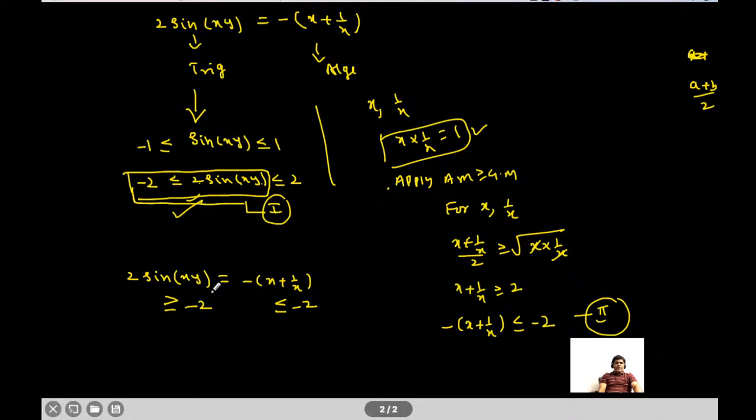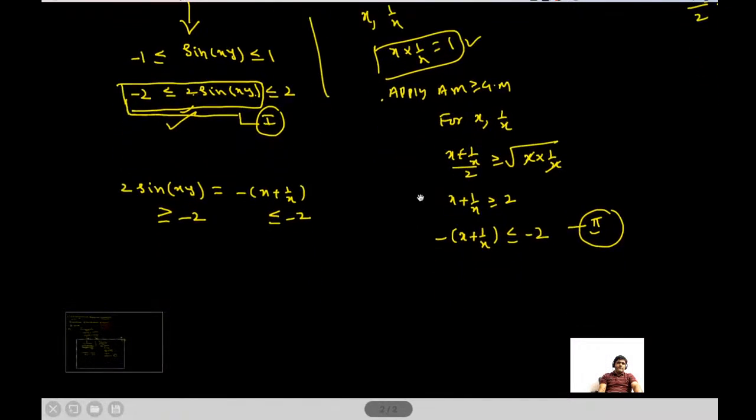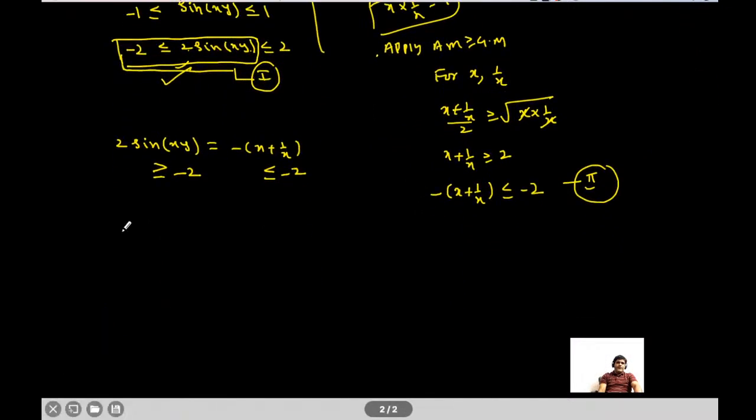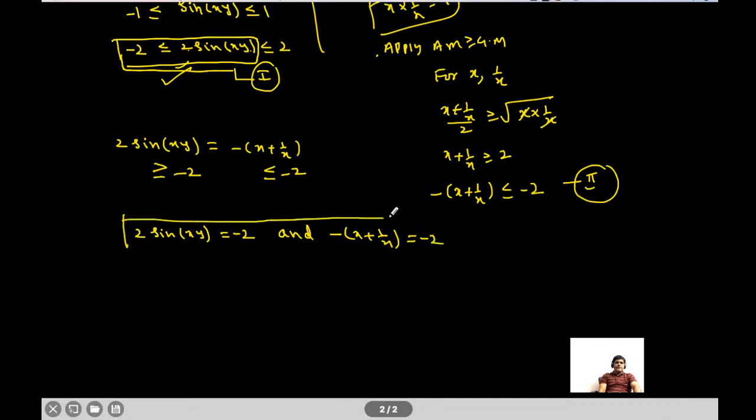These types of questions are called boundary value problems or extreme value problems. So simultaneously, 2 sin xy is equal to minus 2, and at the same time, minus of x plus 1 by x is also equal to minus 2. This is the only possibility.